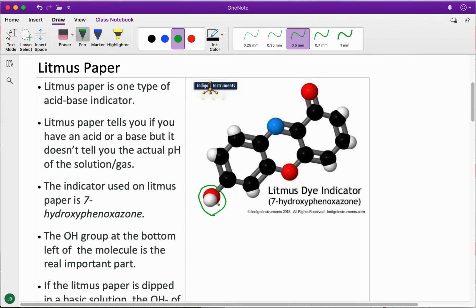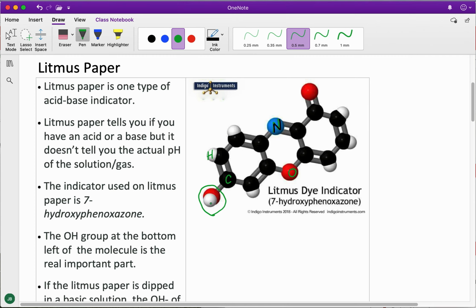In case you are not familiar with ball and stick models of molecules, all of the black represents your carbons, all of the white represents your hydrogens, the reds represent your oxygens, and blue represents nitrogen. Let me change that to black so you can actually see it. I think that is all of the atoms represented for this molecule, and we can see that in this complex molecule we have some double bonds and some single bonds.